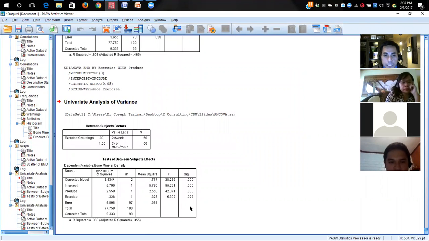And so right here, we can see that it's 0.02. That this two groups of exercisers, the women who exercise 2 times per week and women who exercise 3 times or more per week, had a statistically significant difference in the dependent variable, which is your bone mineral density. All right.